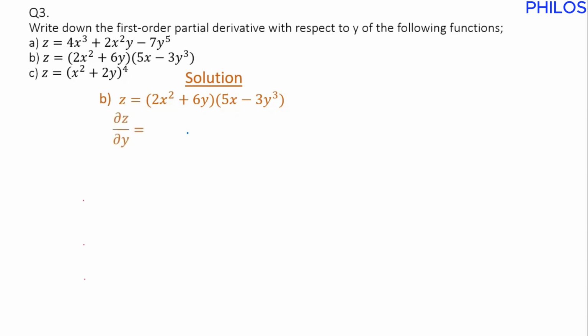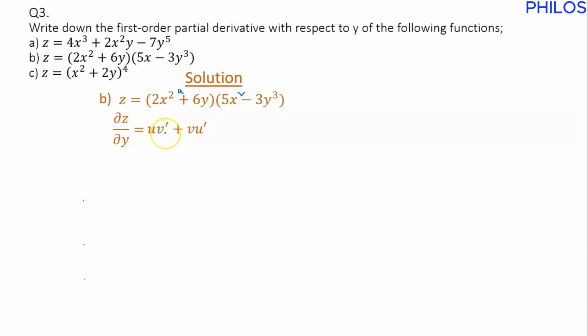Okay. To find partial z, partial y, remember, I said we are going to use the what? The product rule, which says u times v prime plus v times u prime, where u is the first one and v is the second function. Okay.